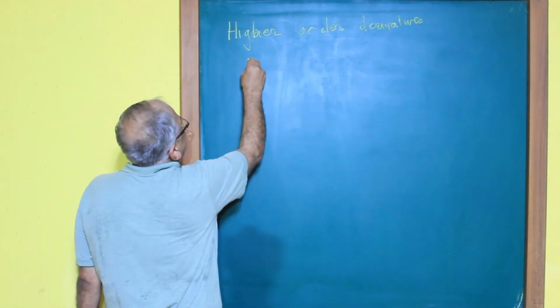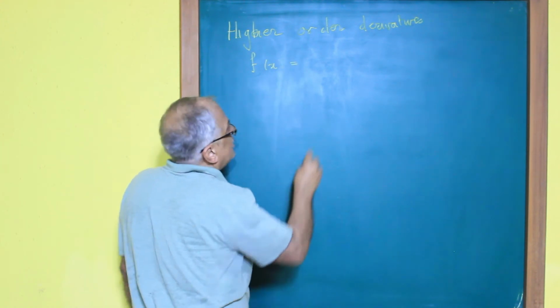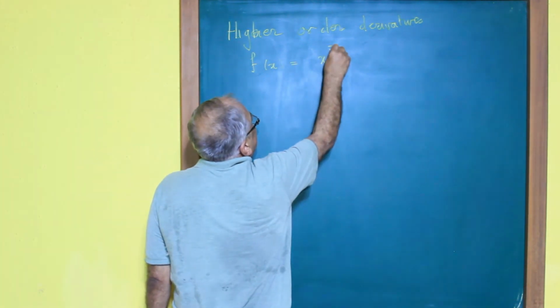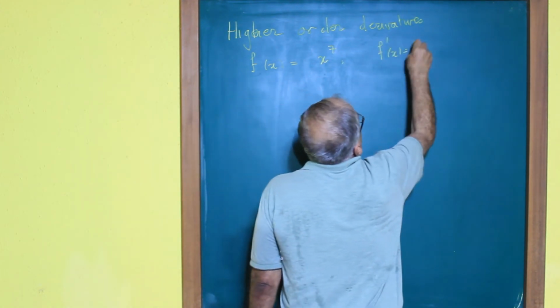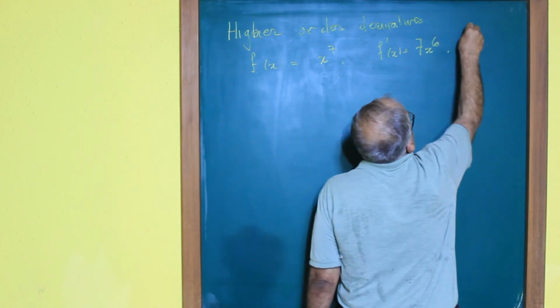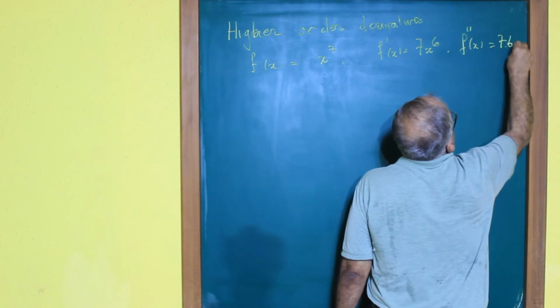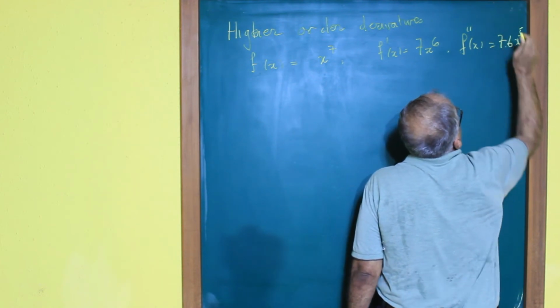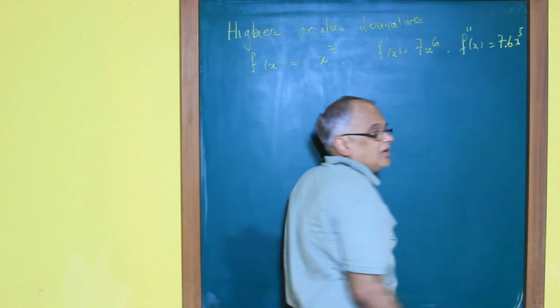We know that if f of x is, for example, x to the 7, then f prime of x is equal to 7 x to the 6, and f double prime of x is equal to 7 into 6 into x to the power 5.